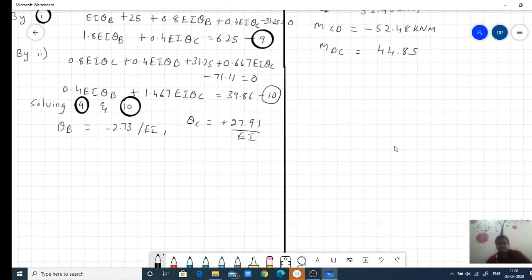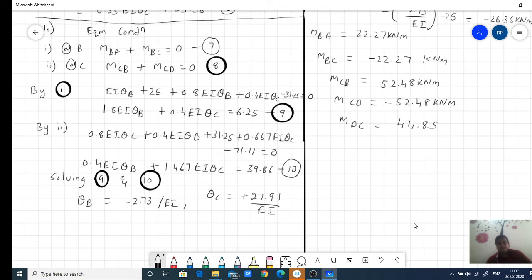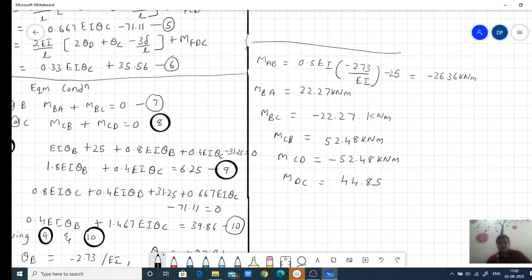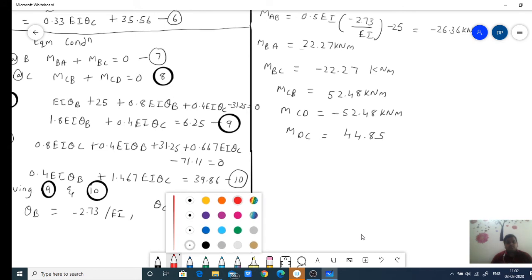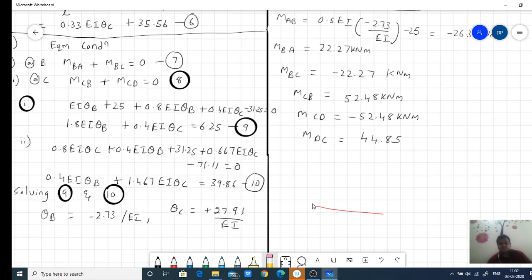Now once I am done with the final moments, I can easily draw the bending moment diagram. So for the bending moment diagram, directly I will take the loading diagrams here. I will just copy paste this, but before that I will just rub this.